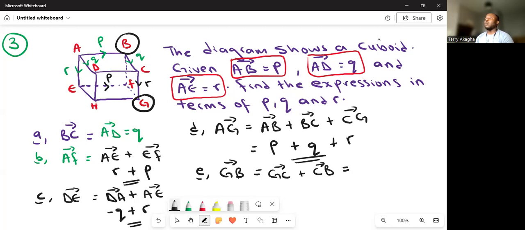G to C is the opposite of C to G, in the opposite direction. So that will give you minus R, plus. Now C to B is in the opposite direction of B to C. And that will give me minus Q.